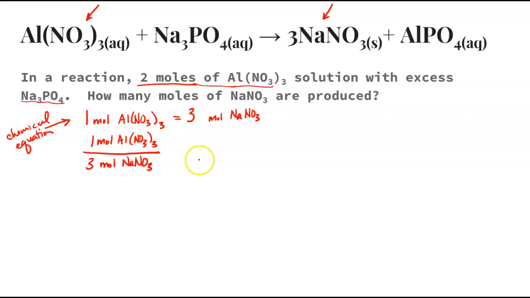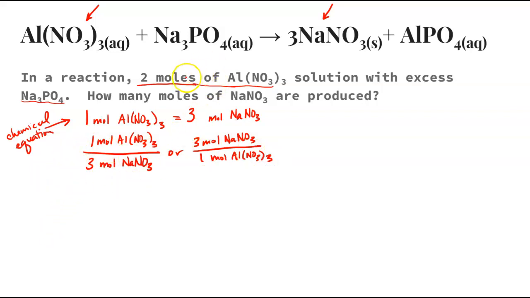So you use the chemical equation. I can also set up the conversion factor to be 3 moles NaNO3 for every 1 mole of AlNO3. Okay, so those are my conversion factors.